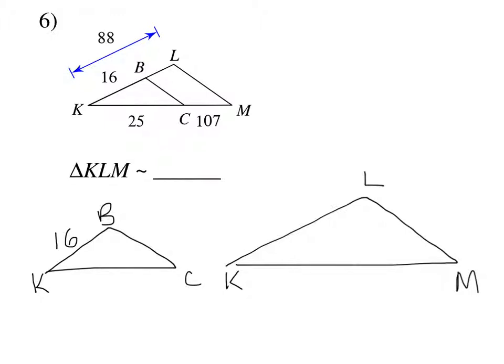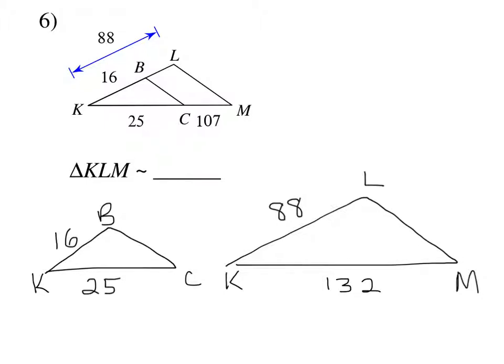I can see KL, that whole length that's got the blue arrow there, is marked, and that's given to me as 88. I can see KC is 25. And if I were to add this 25 here and the 107, that's going to give me the full length from K to M. So I'm going to add that up, and I get 132.